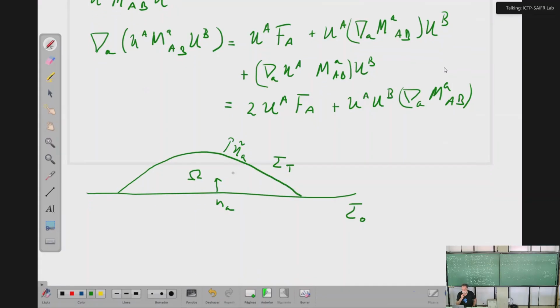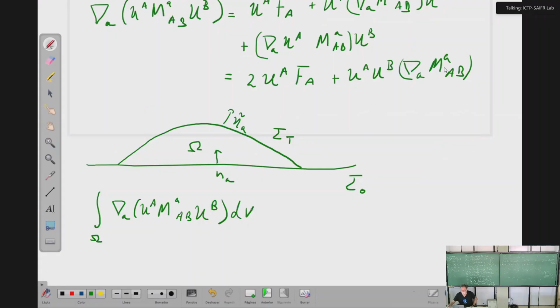The normal going up. So if we take the integral over omega of this divergence, we can use Gauss theorem, and this will be the integral over sigma naught of U_A M^{AB} U_B and N_A, but with a minus sign, because we have to take the outgoing normal.